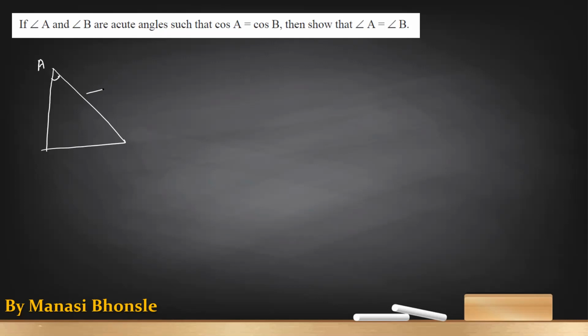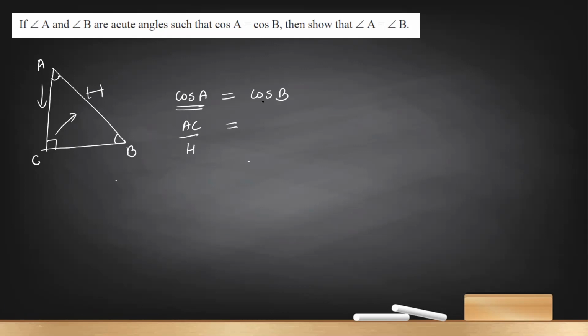This is your A. Let this be angle B. And this is the right angle, that is angle C. Now they are telling cos A equal to cos B. Now according to the triangle, cos is adjacent upon hypotenuse, so cos A will be AC upon H, and cos B will be, according to B, BC upon H. So we can also write this as AC upon AB equal to BC upon AB. Obviously, AB being same, it gets cancelled.